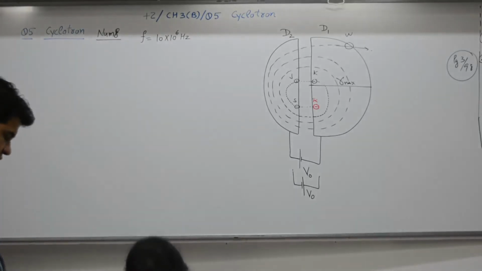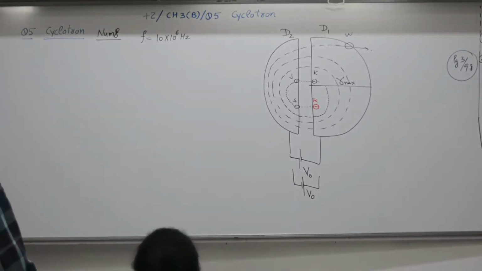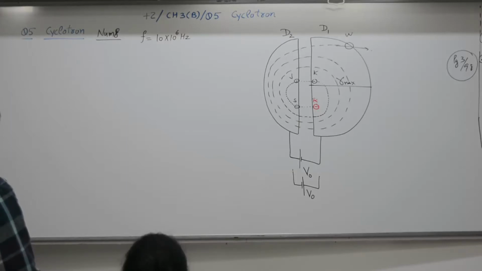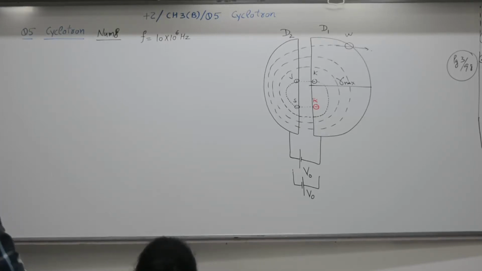The question is, a cyclotron's oscillator frequency is 10 megahertz. What should be the operating magnetic field for accelerating alpha particles? If the radius of the D is 60 centimeter, what is the kinetic energy of the alpha particle? Given the charge of an electron and the mass of each nucleon.